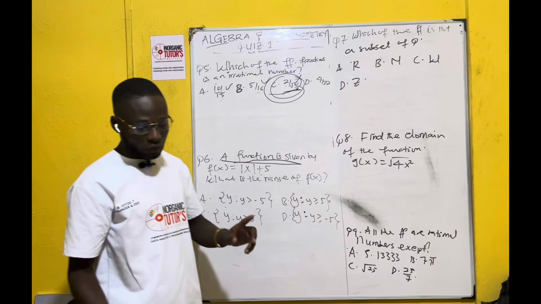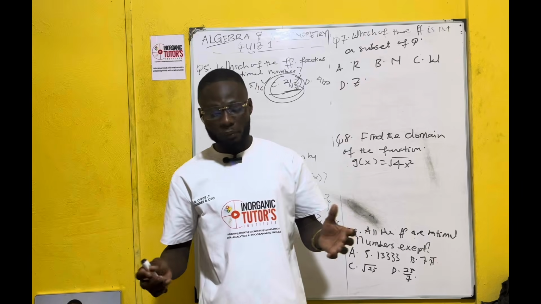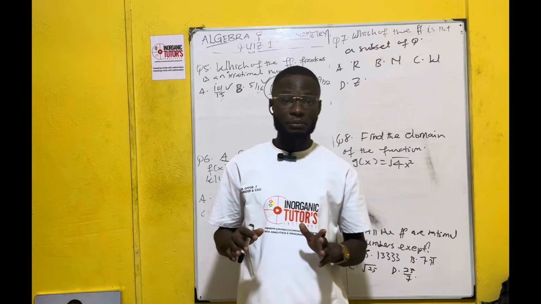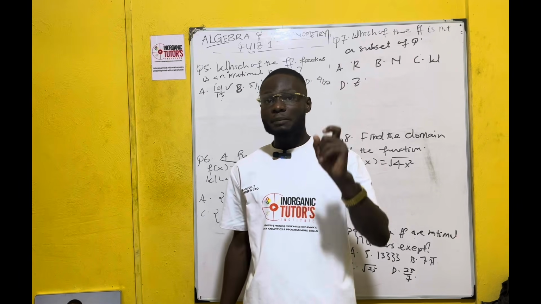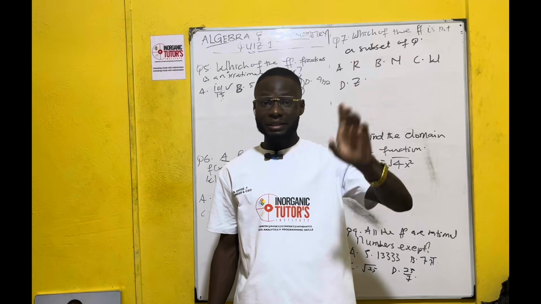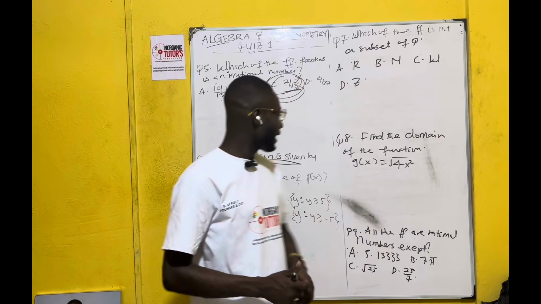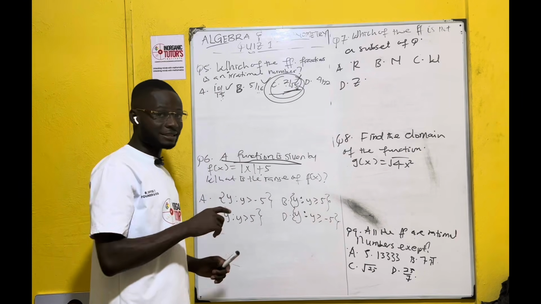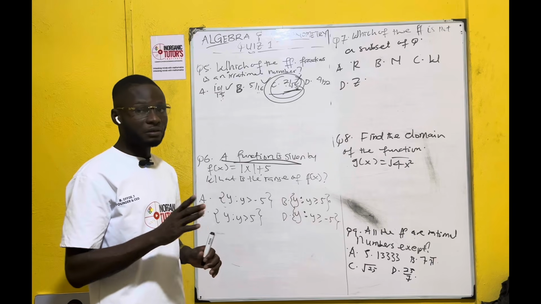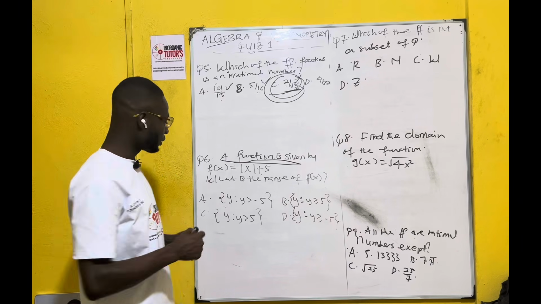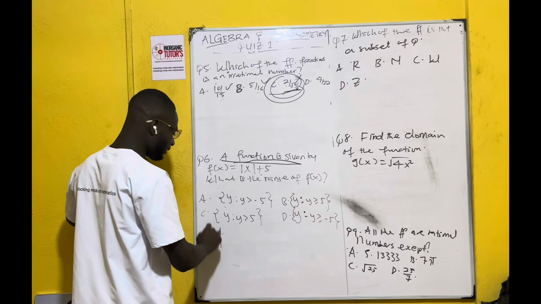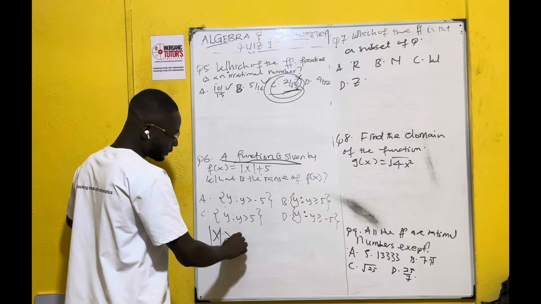Now, recall the absolute value property. Remember that absolute value of x must be greater than or equal to 0. That is a property: absolute value of x must be greater than or equal to 0.